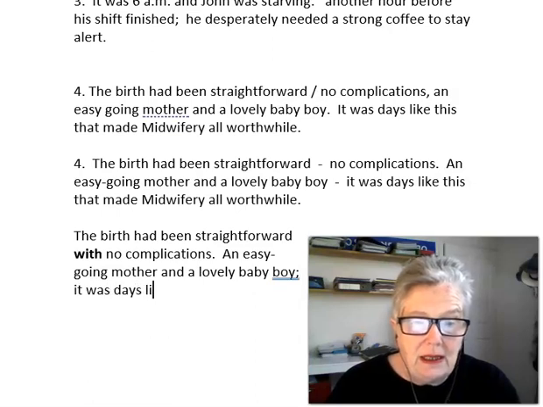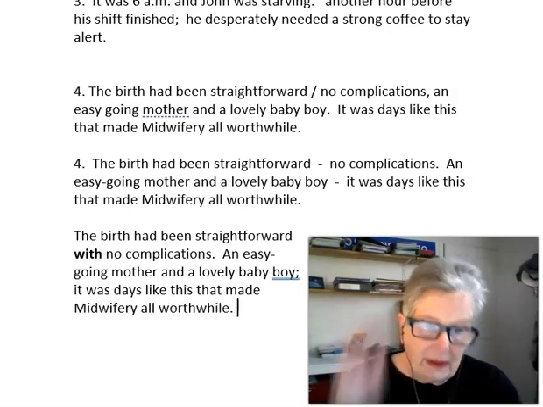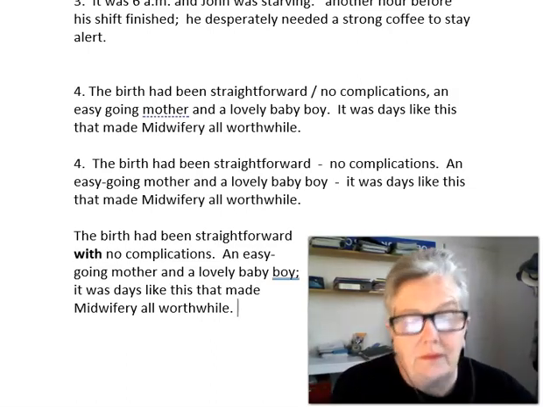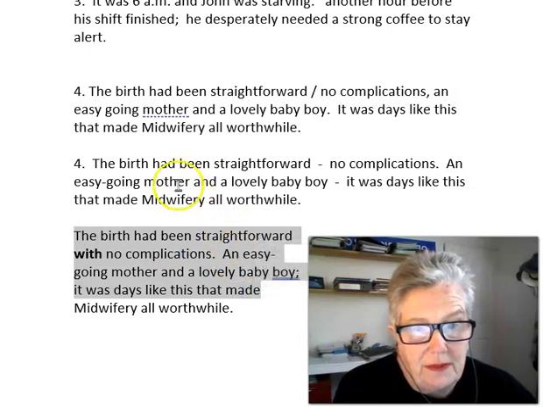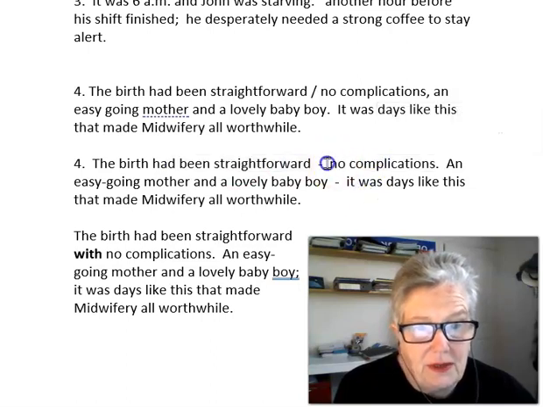It was days like this that made midwifery all worthwhile. If you do it this way, you've got sort of two sentences. Do it this way, it's two sentences. So it is, but it's got these little dashes.